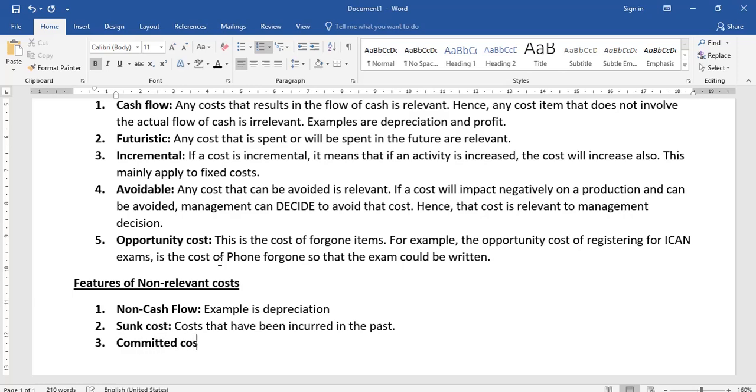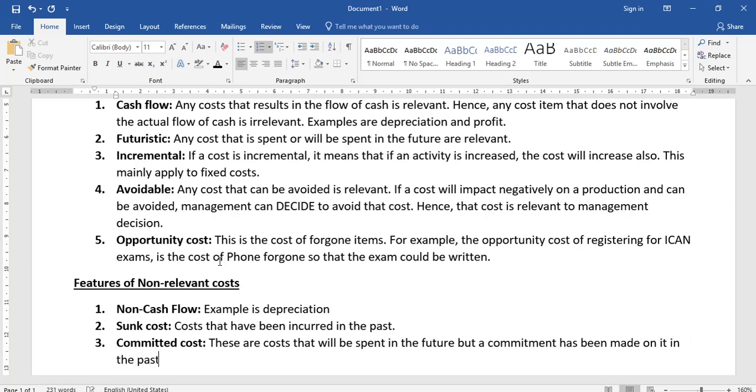We also have committed costs. These are costs that will be spent in the future, but a commitment has been made on it in the past.